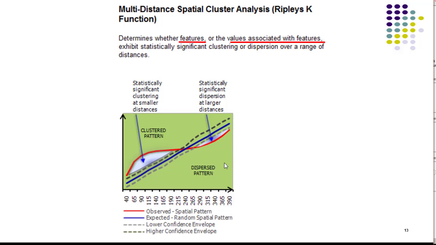If we come down and look at those distances, this is distance on this axis, this is a z-score on this axis, even though it's not labeled. And so if it's above this expected random spatial pattern line, we have a clustered pattern. If it's below it, down here, we have a dispersed pattern. So again, nothing matters here inside of these dashed lines of the confidence envelope. We're looking for locations outside that confidence envelope.